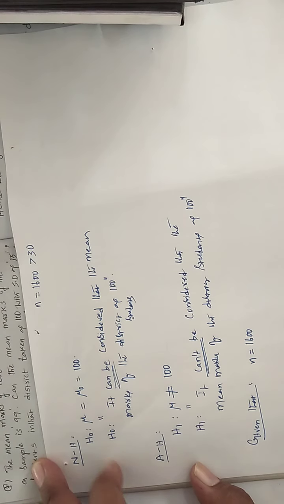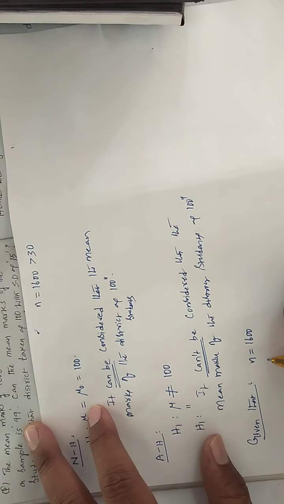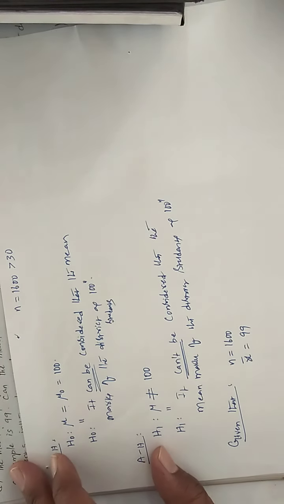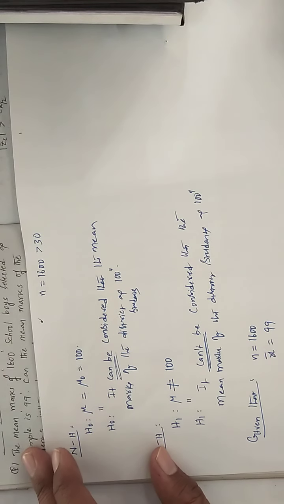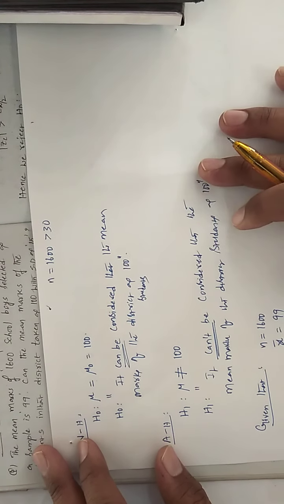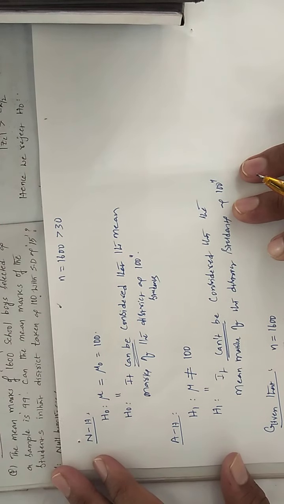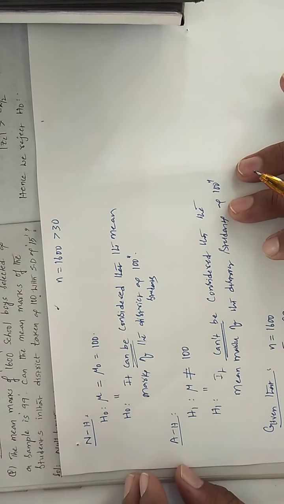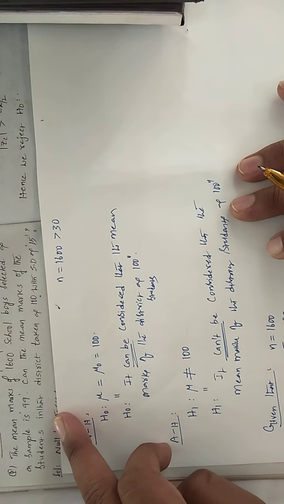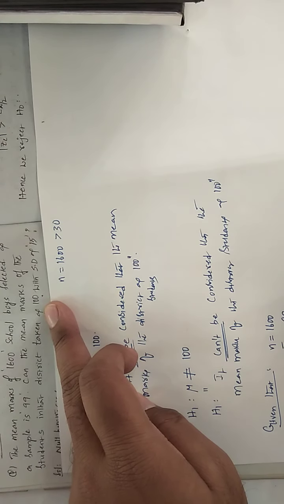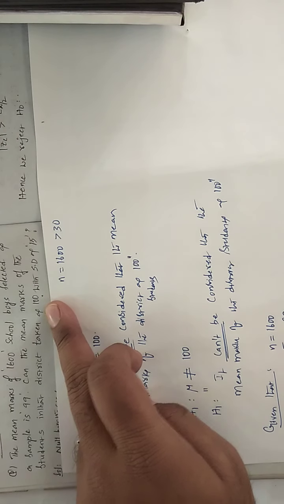Next, the sample mean, represented as x bar, is 99. So the sample information is given. Next, what is the population mean, mu naught? Given as 100.